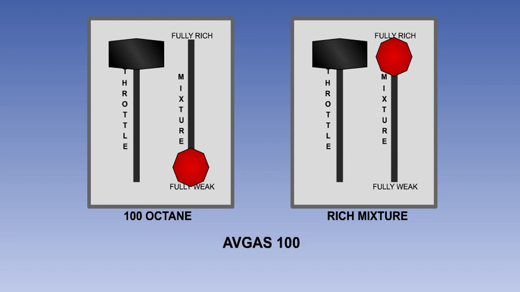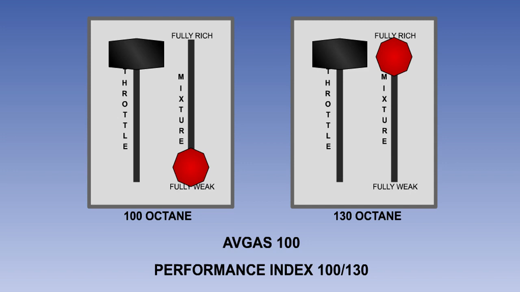So for instance, Avgas 100 is a 100-octane fuel when the mixture is weak, but a 130-octane when the mixture is rich. These 2 octane ratings are known together as the fuel's performance number or index, so Avgas 100 has a performance index of 100-130.